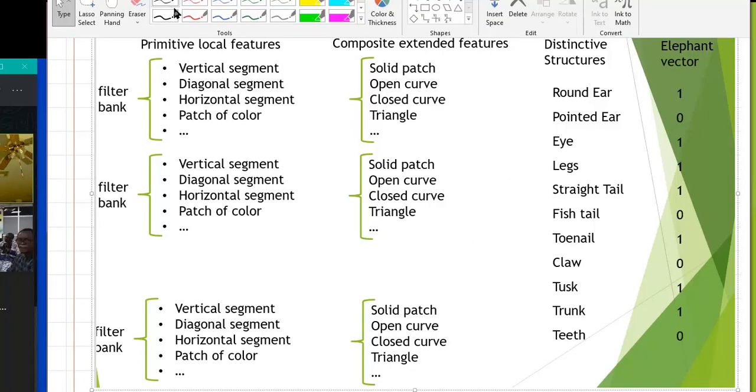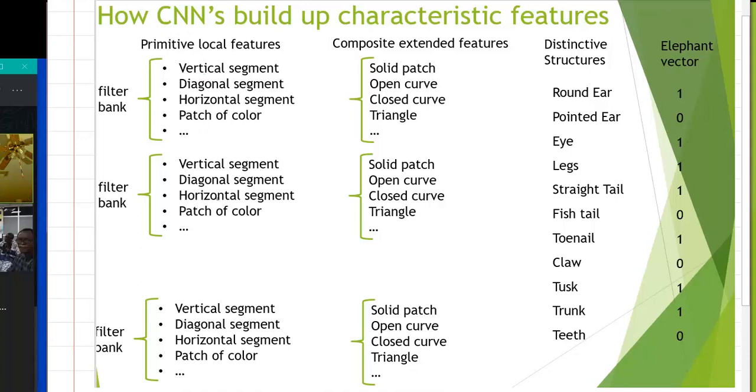Each one of these small filters will assign a number to each one of these possibilities. Let me put a number between 0 and 1. Maybe this number is 0.1, this number is 0.3, this number is 0.7, this number is 0.03.